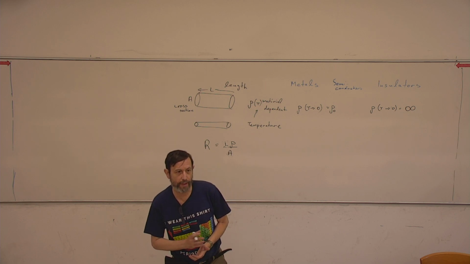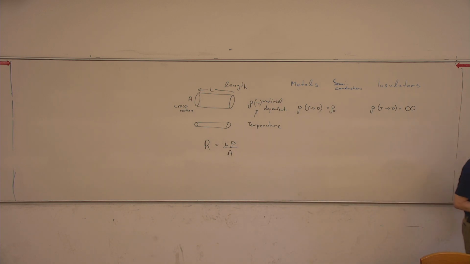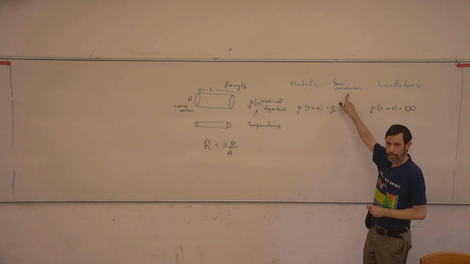Do we go to a finite value as the temperature goes to 0, or do we get an infinite contribution to the resistivity, meaning no current goes through at 0 temperature? What about this guy?